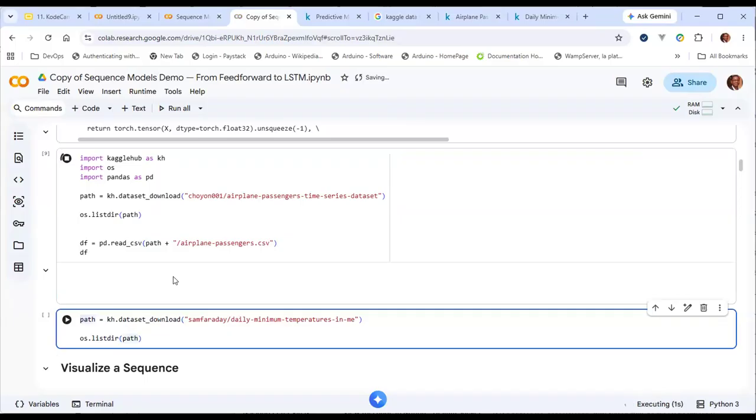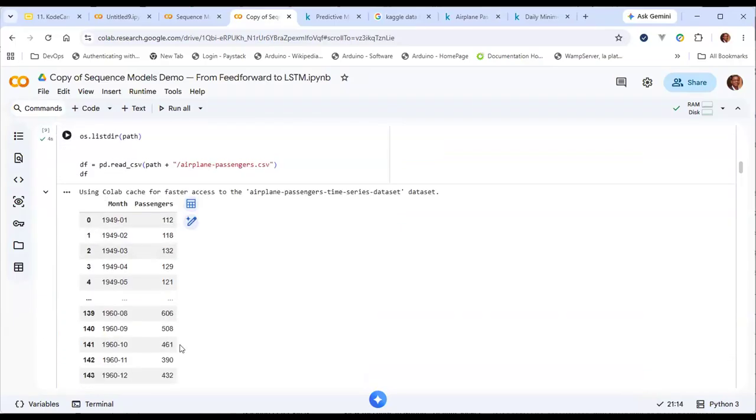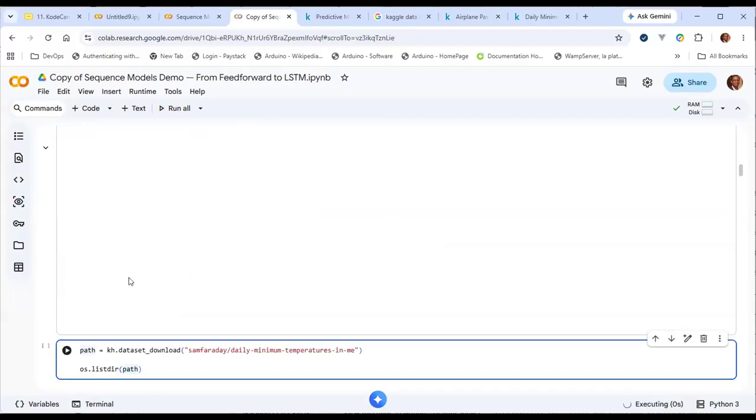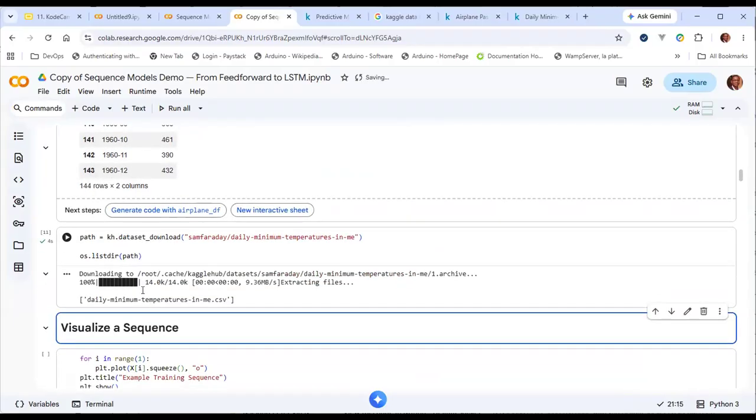So this should just be a month and then the passengers. Maybe there's a pattern, right? So let's call this airplane, while this one is for minimum daily temperature.